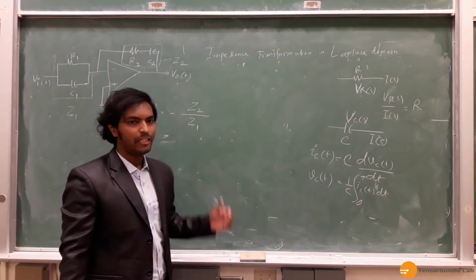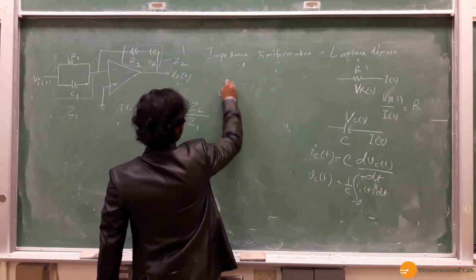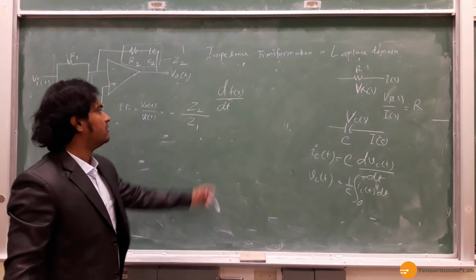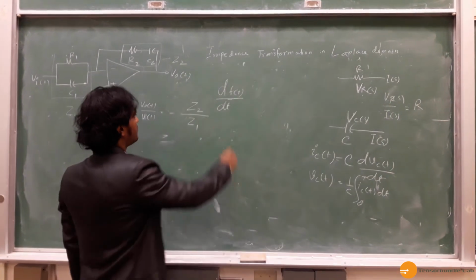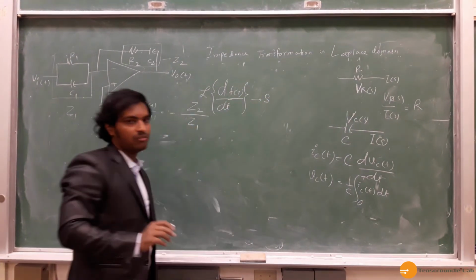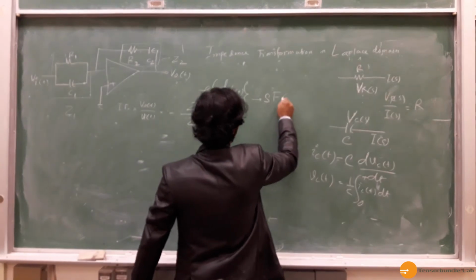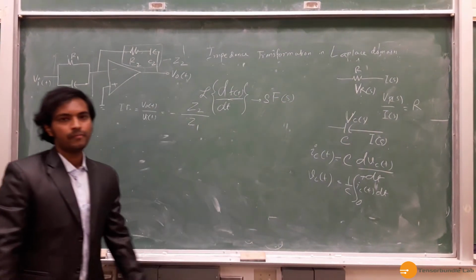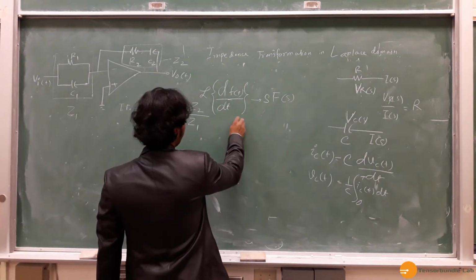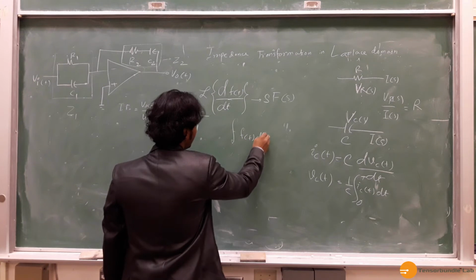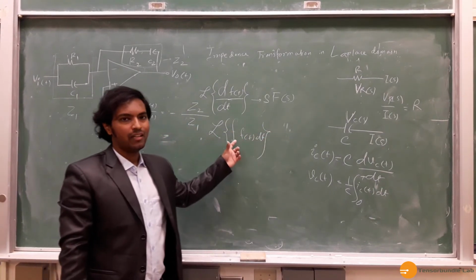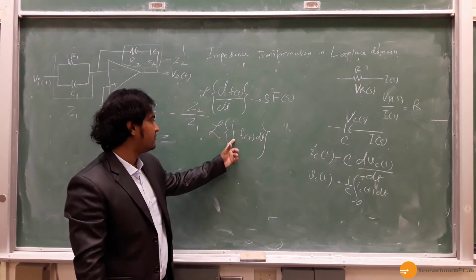Now, in the previous example, we saw that any time domain function having a first order differential can be converted into Laplace domain by simply multiplying by the variable s and the function's S domain equivalent. What about the integration? Say we have a function and we need to integrate it and then take the Laplace transform. What is the equivalent Laplace transform quantity of an integration?